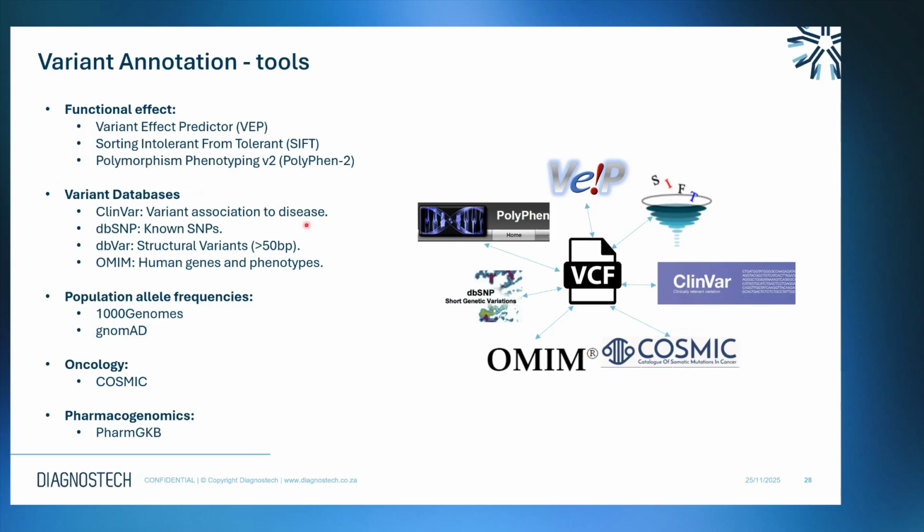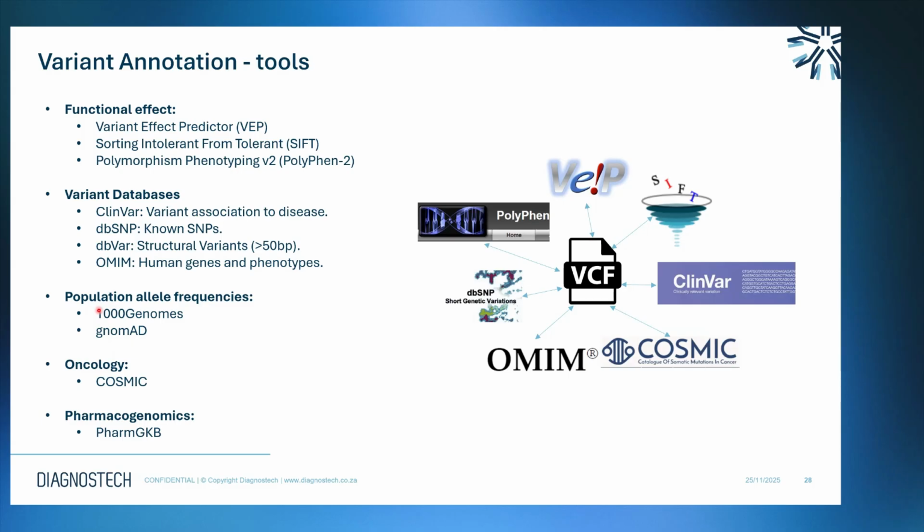These really tell us: have these variants been identified before? Have they been associated with diseases? This can help us predict and come to an answer. Other very common and helpful databases are population allele frequency databases, such as 1000 Genomes and gnomAD. The idea is that if we detect a variant in a population, but over 50% of the world has that same variant, it's very unlikely to be a pathogenic variant since half the world has it.